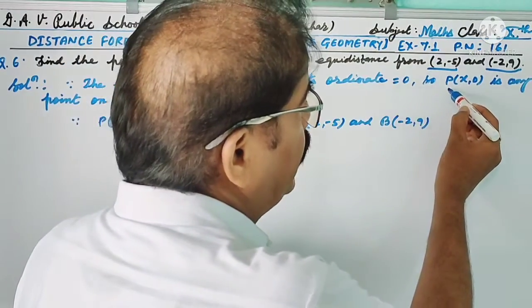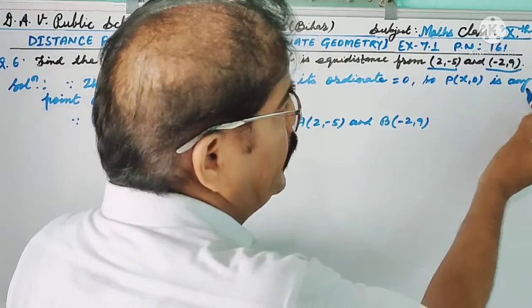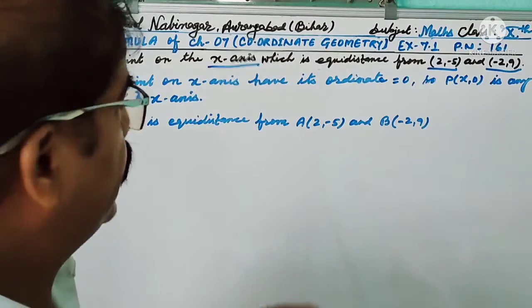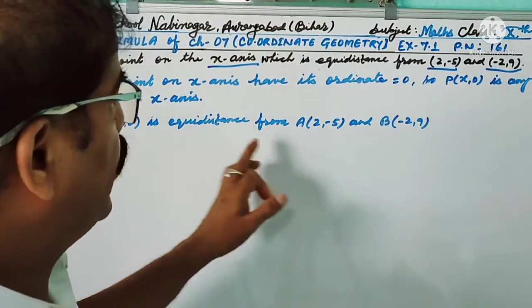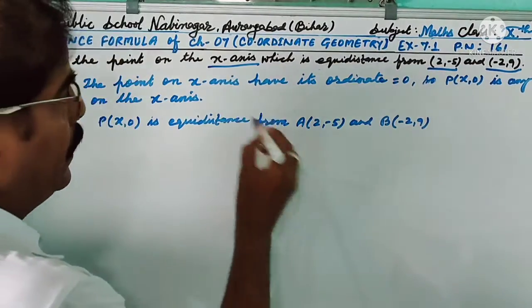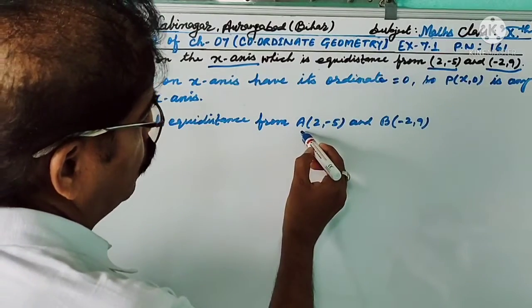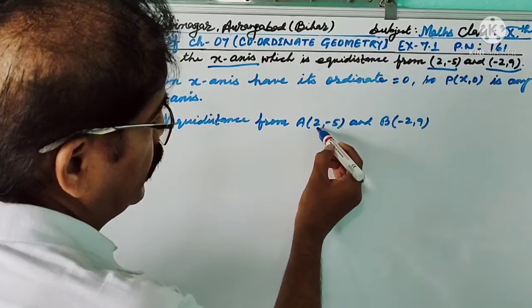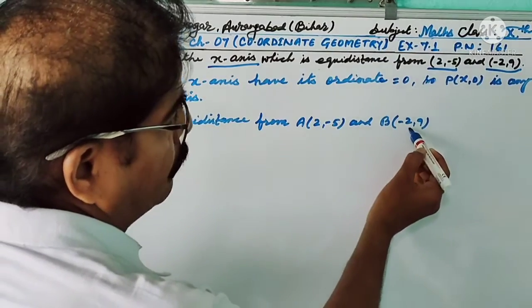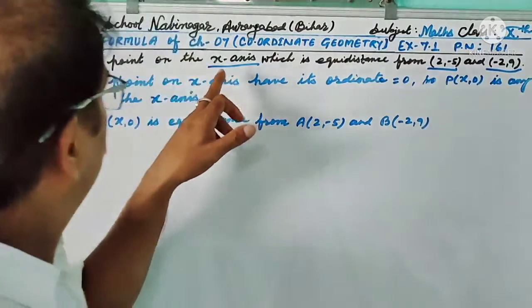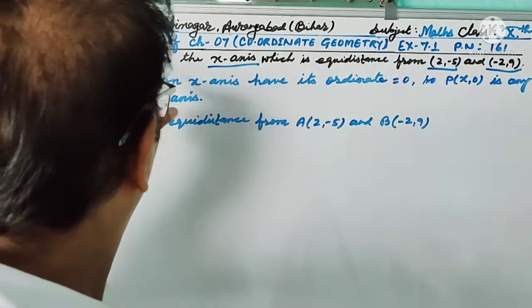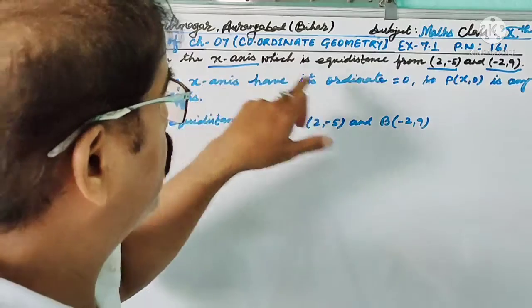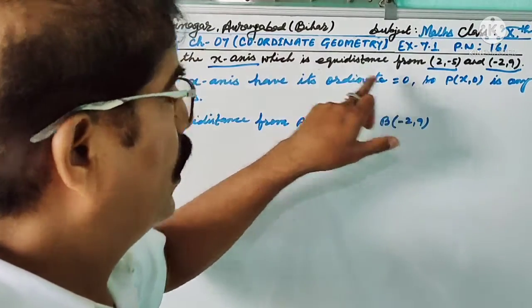So let P(x, 0) be any point on the x-axis, that is equidistant from the two points A and B, whose coordinates are (2, -5) and (-2, 9).